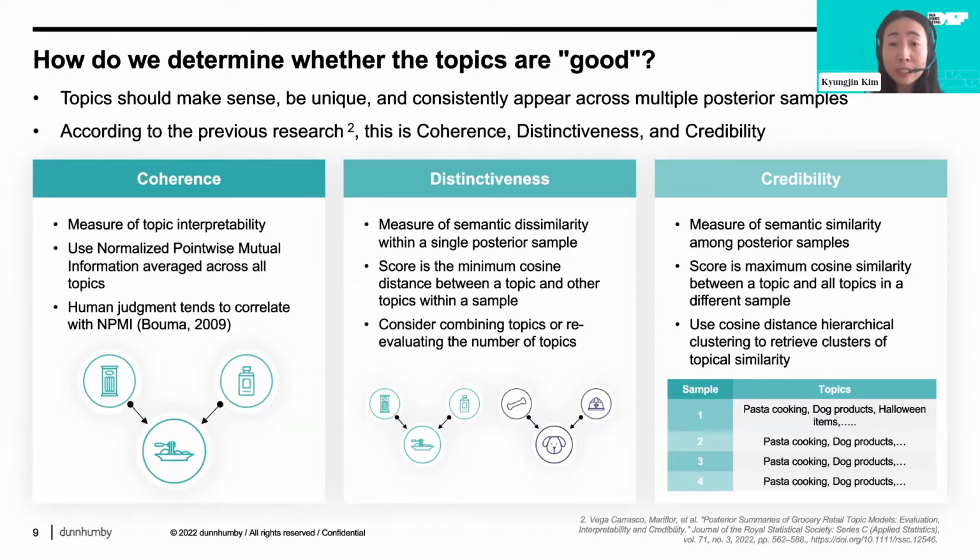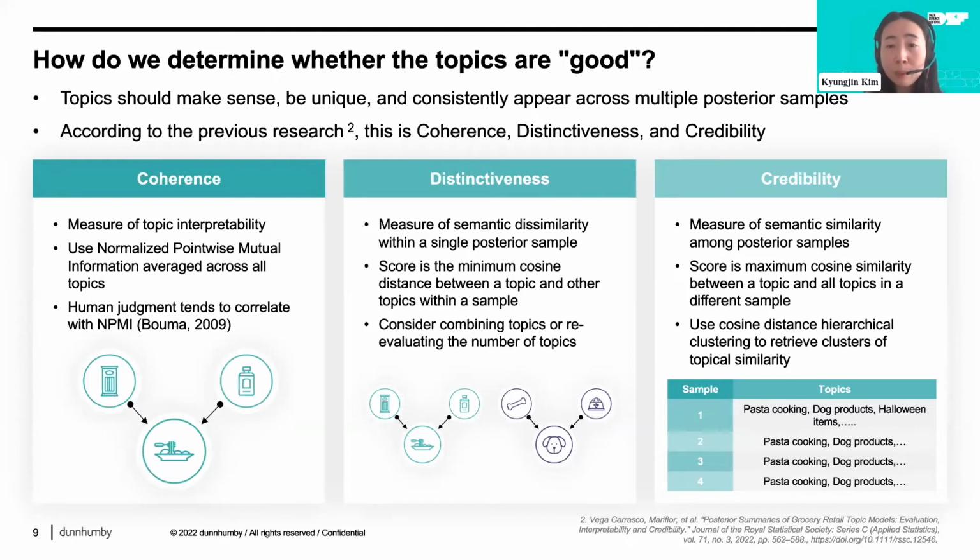The score for distinctiveness is calculated by getting the minimum cosine distance between one topic and any other topic in the same sample. We find the closest topic in the same sample to this focal topic. If the closest one is far enough, we can say that the focal topic is distinct. This score would give us an idea of combining topics or re-evaluating the number of topics.